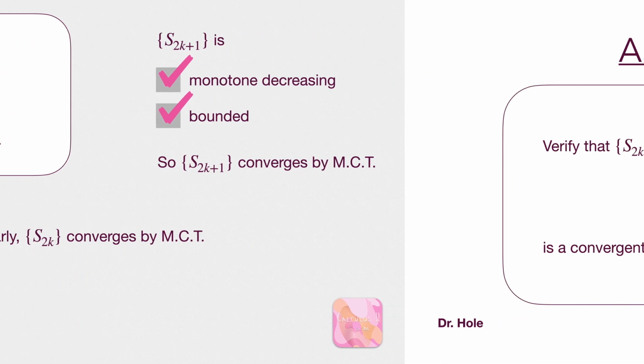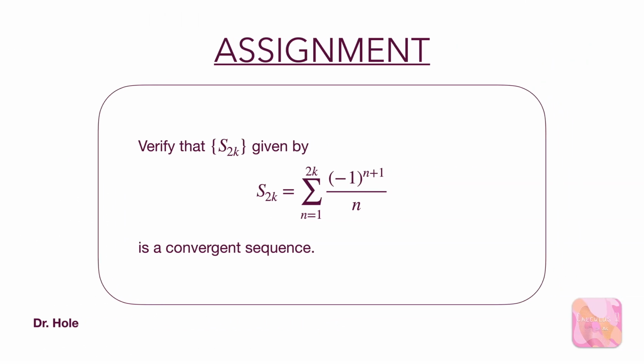We're going to leave it to you to work out the details. One difference is that for the odd indexed partial sums, they are a decreasing sequence. Here, you should find that you obtain an increasing sequence. Good.